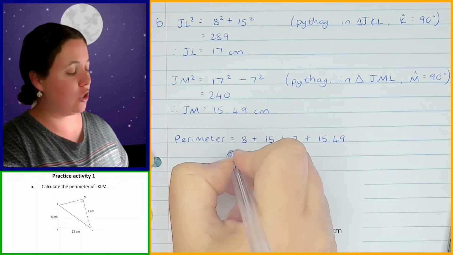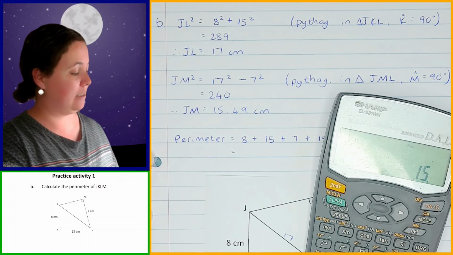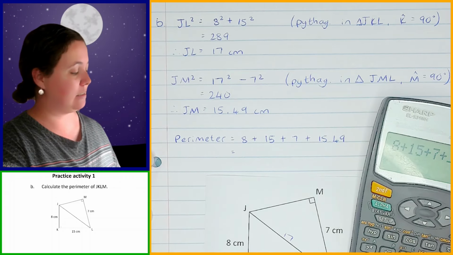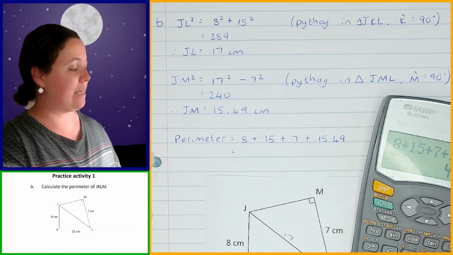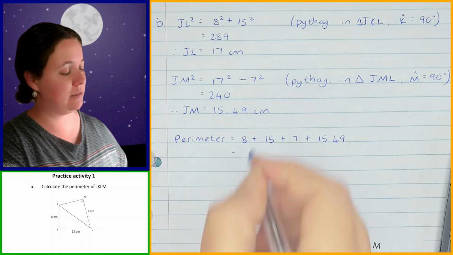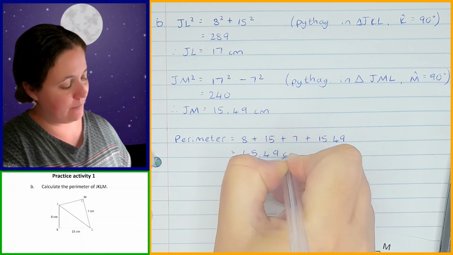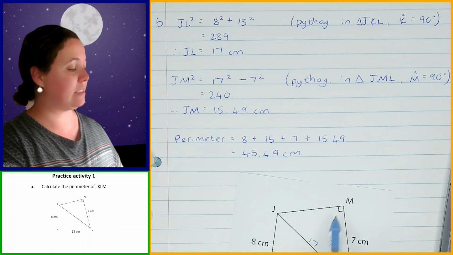Okay, now I can go and work that out. So I get 8 plus 15 plus 7 plus 15.49, and that gives me 45.49 centimeters. So that is the perimeter of this.